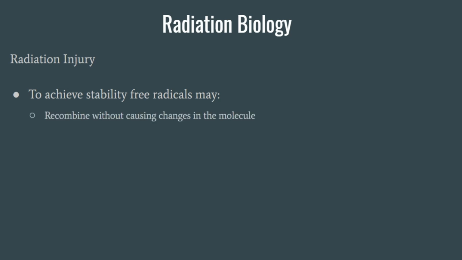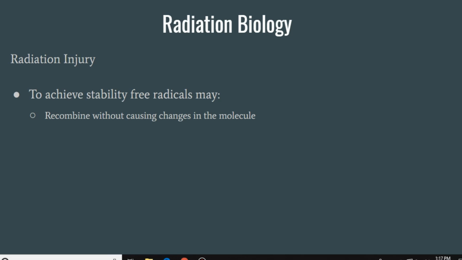The first thing is that the uncharged atom can attempt to recombine, or will recombine, without causing any changes in the molecule. So it'll find another similar atom out there and it'll pair up with it. It'll recombine without causing any changes in the molecule. Everything's good. Everything kind of goes back to quote unquote normal.